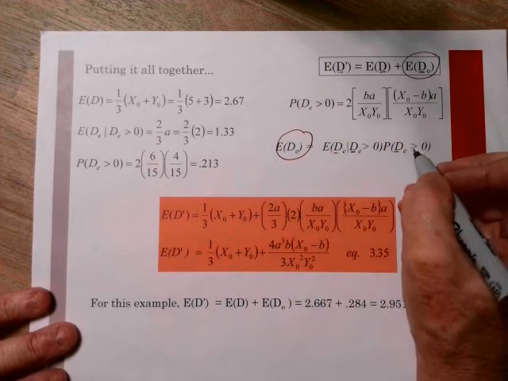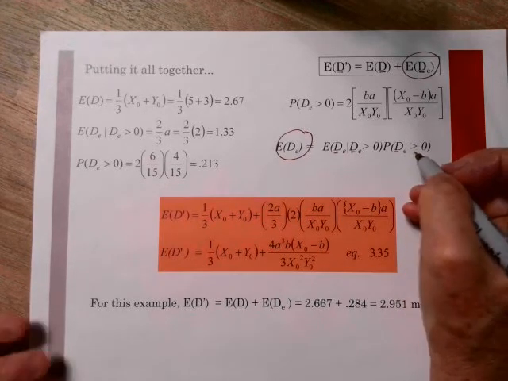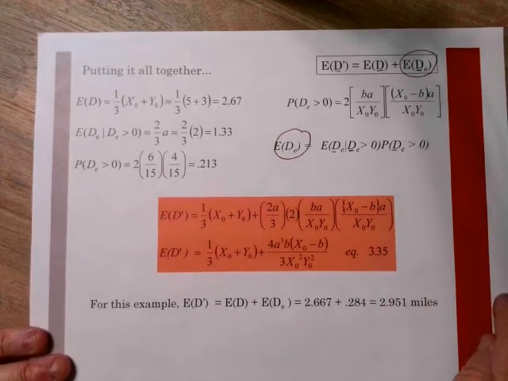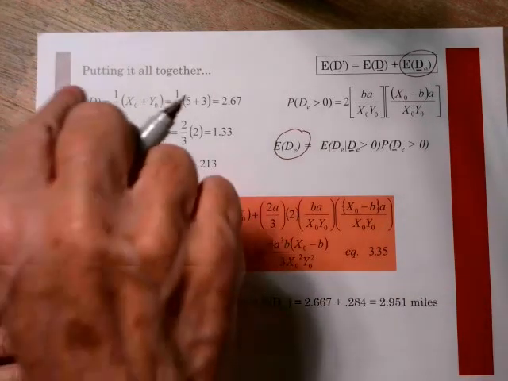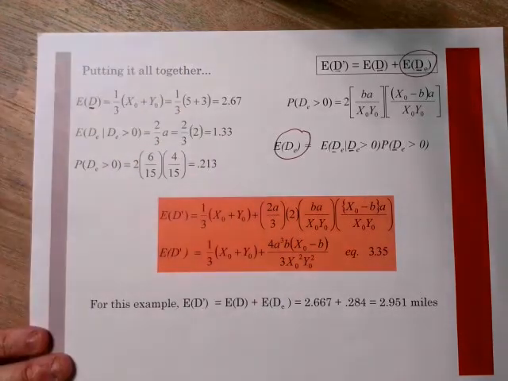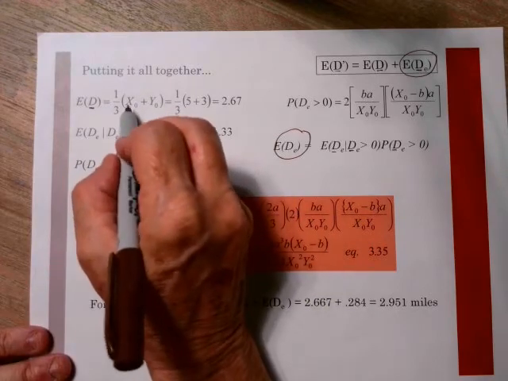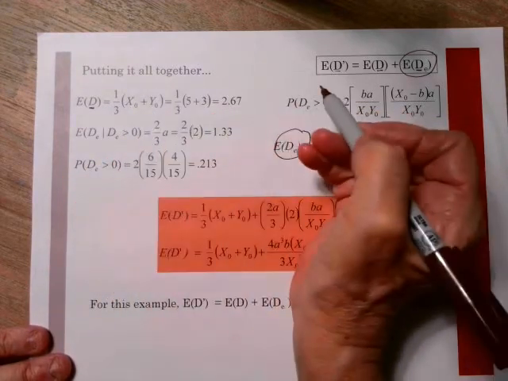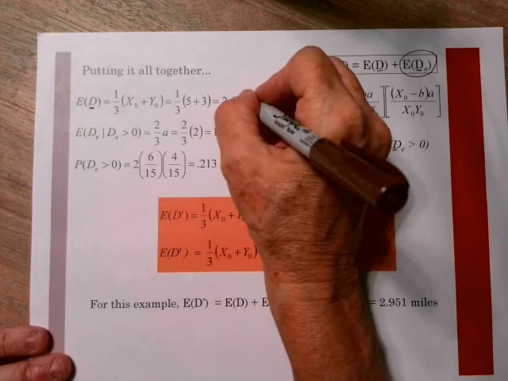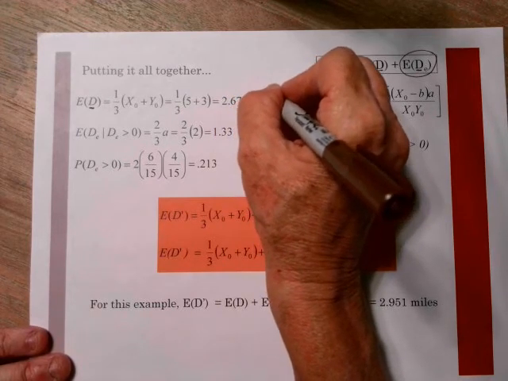Remember, this is that second term when we actually broke it out in terms of the total probability. So if we put this all together in terms of just the numbers here, my expected distance without the barrier would have been 1/3 x naught plus y naught, which we showed before was 2.67, just 8/3 miles. So that's from a previous slide.